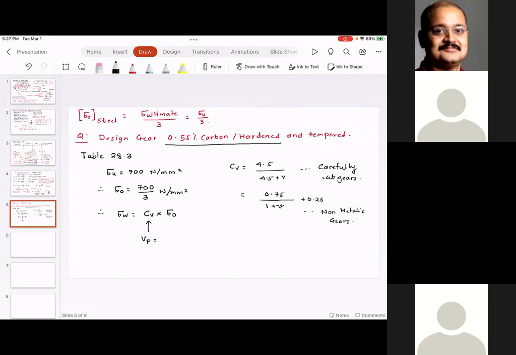And there are different equations for precision cut gears, and for accurately cut gears, depending upon the pitch line velocity. These values of CV are given on page 1039. So these equations come from page 1039. Are you with me so far?